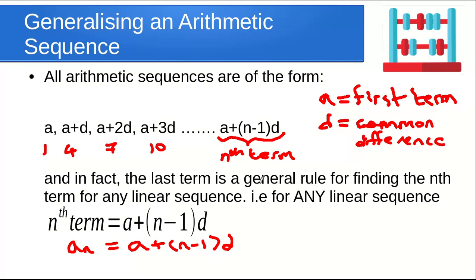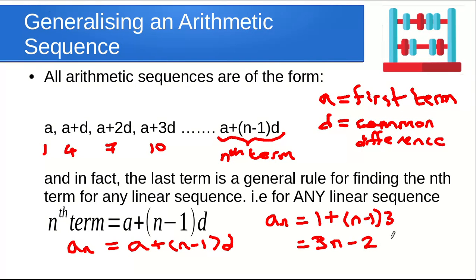Let's just quickly show how it would have worked for the 1, 4, 7, 10 one. We would have had an equals a, which is 1, plus n minus 1 times d, which is 3. And if I now multiply out the brackets and then collect the terms together, I get 3n minus 3 add 1, which is going to be minus 2.